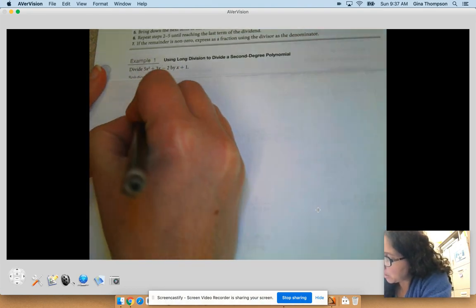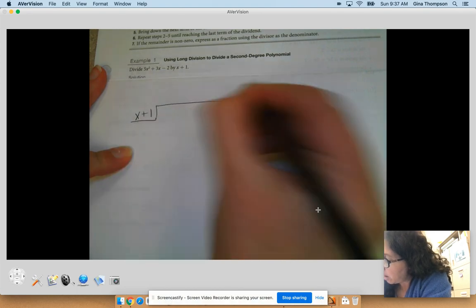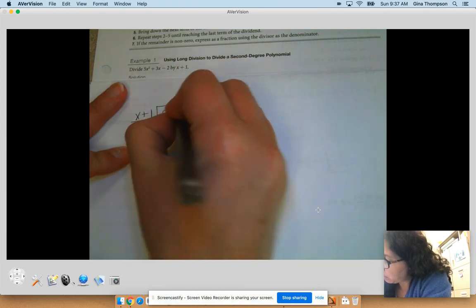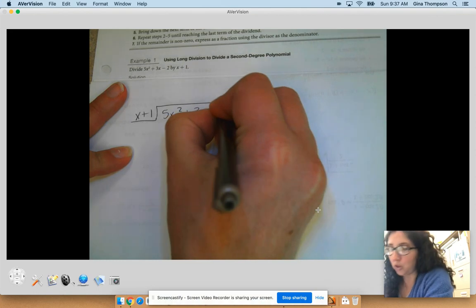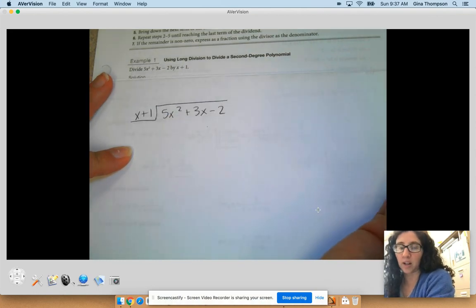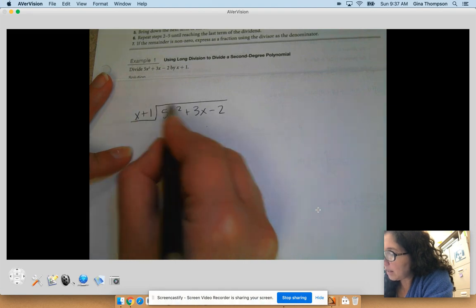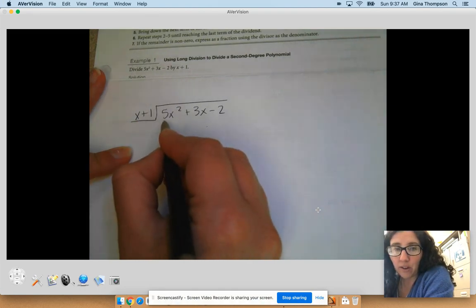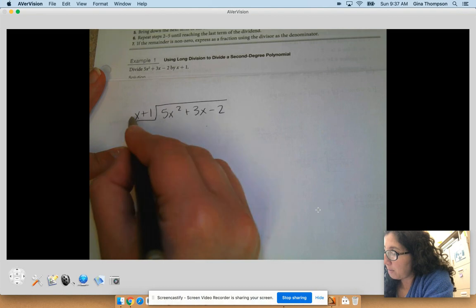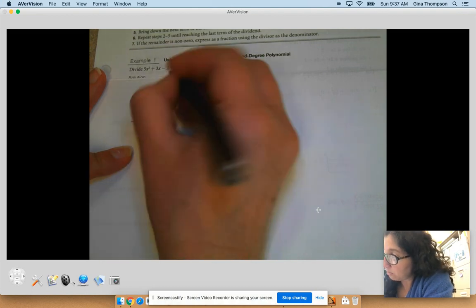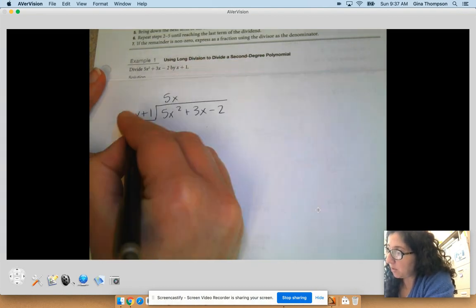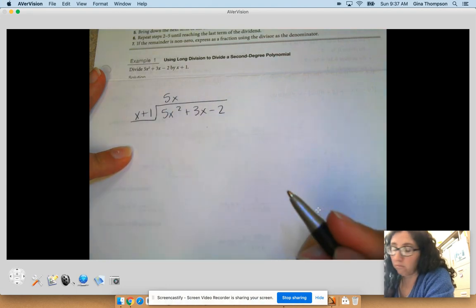We'll say x plus 1 there, and 5x squared plus 3x minus 2 underneath the division sign. And now we look at this. We say x goes into this how many times? X goes into 5x squared how many times? 5x times, right? X times 5x would give me 5x squared.